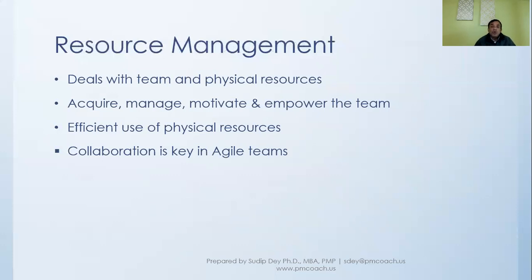And therefore, we have to take that into consideration when we are looking at agile team. In fact, agile team is typically a self-managed team. We should manage the team in such a way, and we should create an environment in the team in such a way that there is a high level of collaboration and the team can manage themselves.